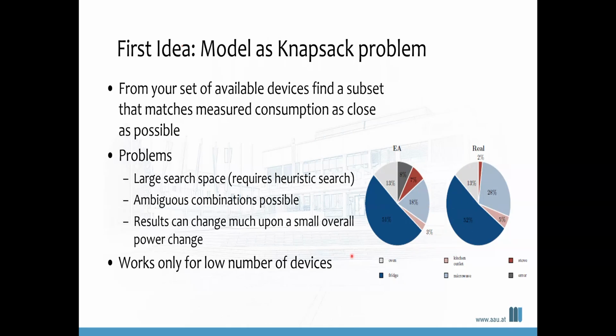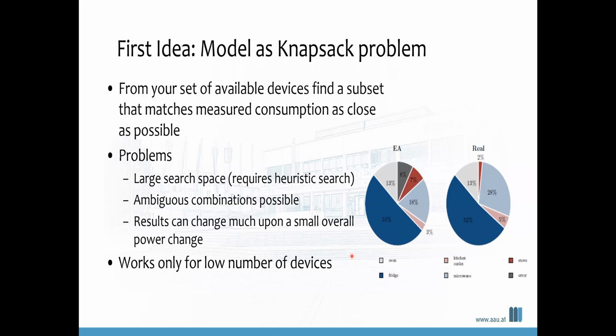And this approach can also lead to the outcome that at one moment the system reports that devices A, B, F, and D are running, and the next moment it would report a totally different set. Like if most of the devices that had been running before have been turned off, and now a totally different set is running, which is totally unrealistic. So usually you switch one or a couple of devices at the same time, but not all of them. So that's why the knapsack problem is not working well.